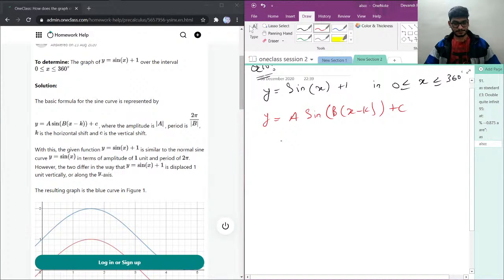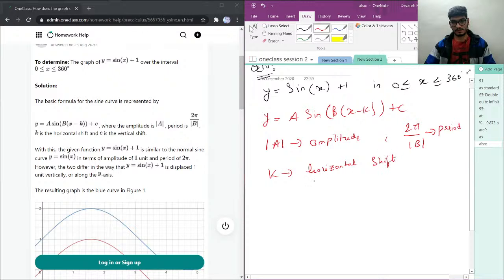The magnitude of a is the amplitude, the period is 2 pi over the magnitude of b, which is basically the period of this harmonic, k is the horizontal shift, and c is the vertical shift.